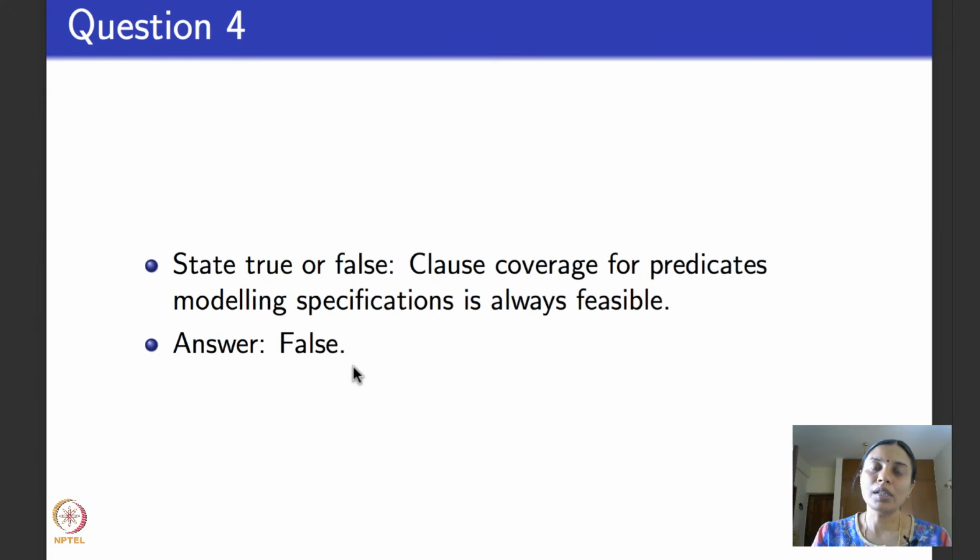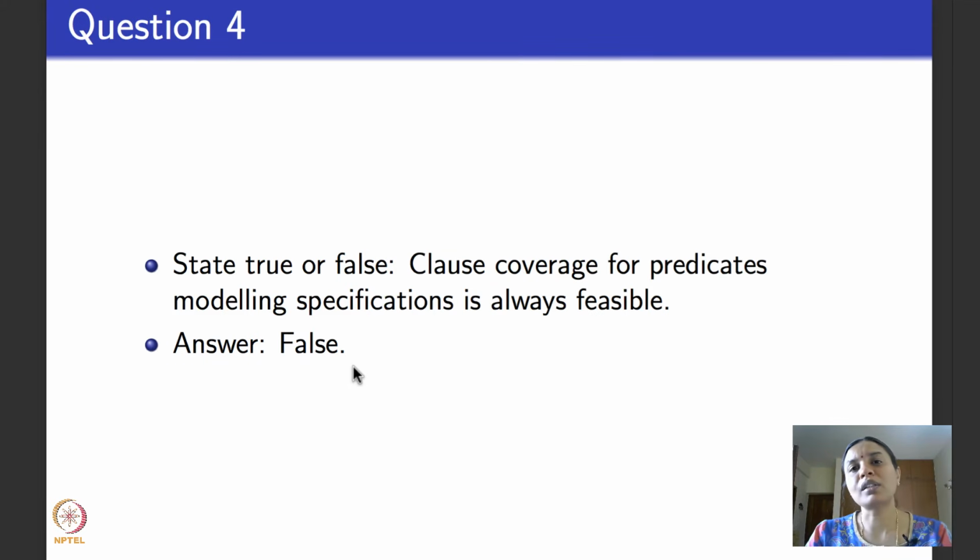Why is it false? We saw an example through the course of lectures last week. If you remember, we saw the example of a finite state machine corresponding to a subway train, and there, using illustrations, I showed you how if one clause becomes true, then the other one cannot be true. So two clauses in a particular predicate cannot be true simultaneously.